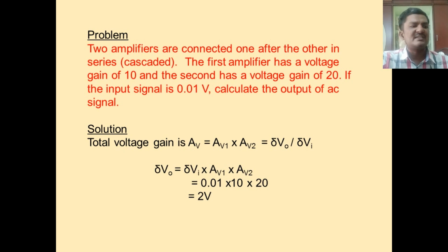So total voltage gain equal to AV1 into AV2, which is output voltage by input voltage. So output voltage equal to AV1 into AV2 into delta VI, 0.01 into 10 into 20. Simplify that, 2 volts.